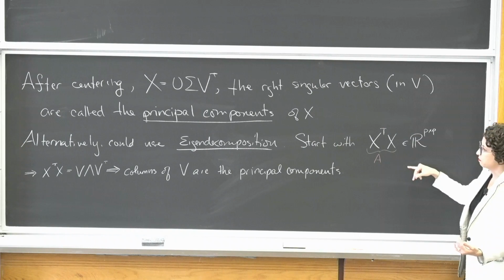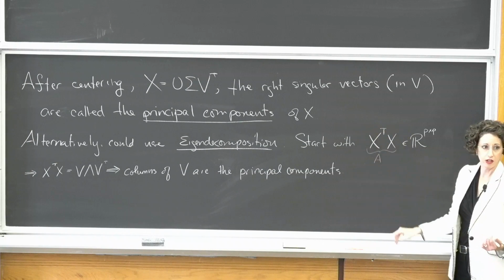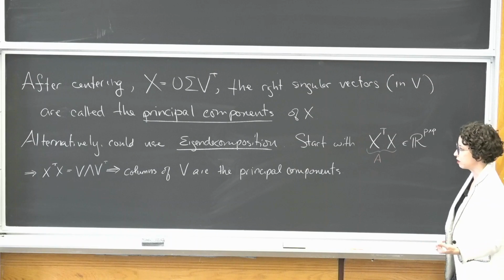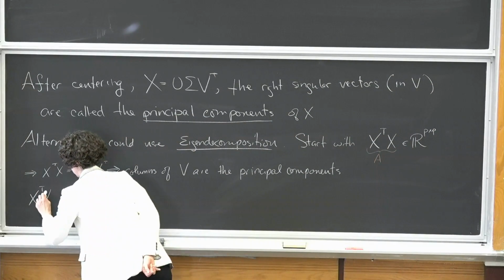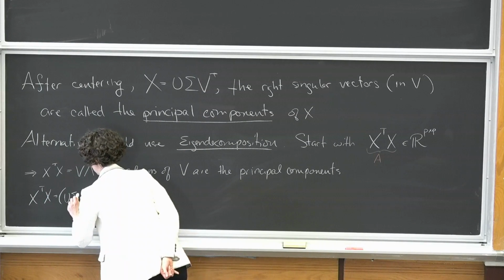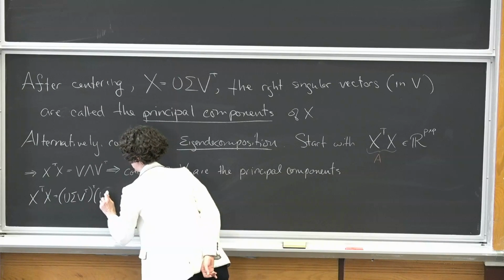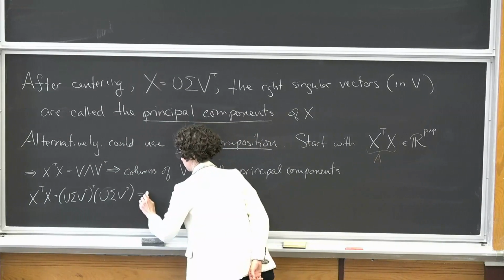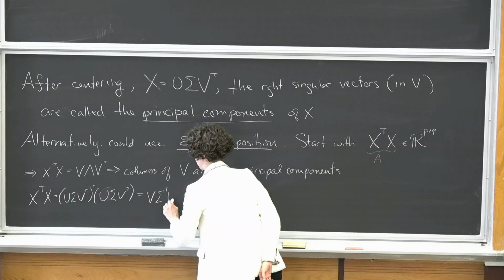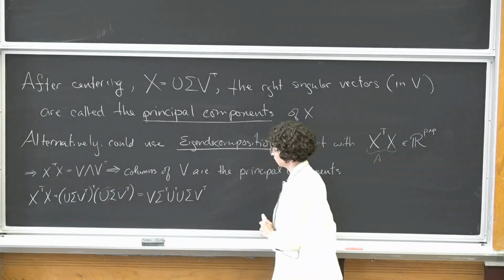So what we're going to do is take this matrix X transpose X and rewrite it using our SVD components. So X transpose X is U sigma V transpose times U sigma V transpose, which is V sigma transpose U transpose U sigma V transpose.